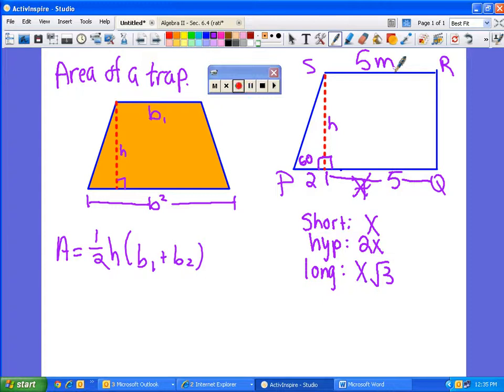What does that mean to you, if the short side is x and the long side is x radical 3? Larry, what does it mean to you? Naya? Micaiah?